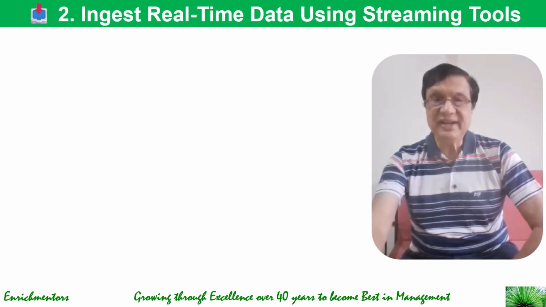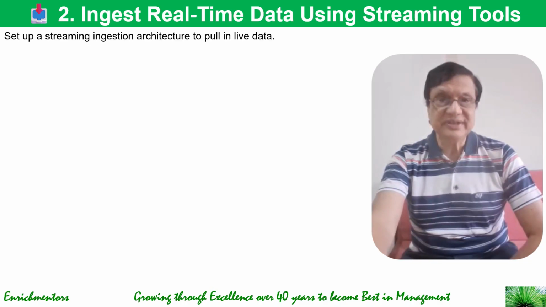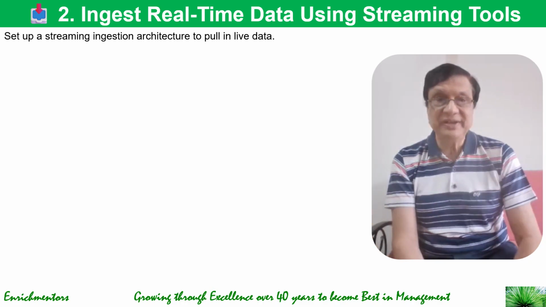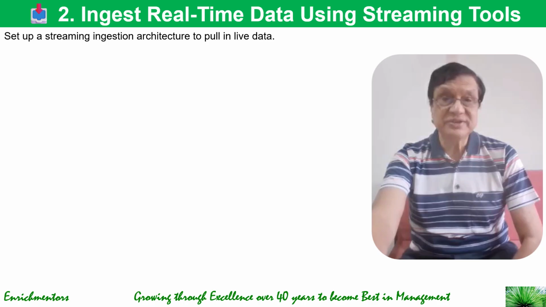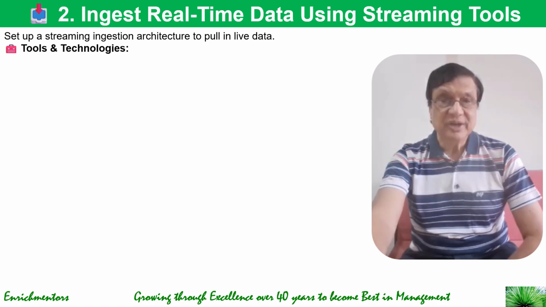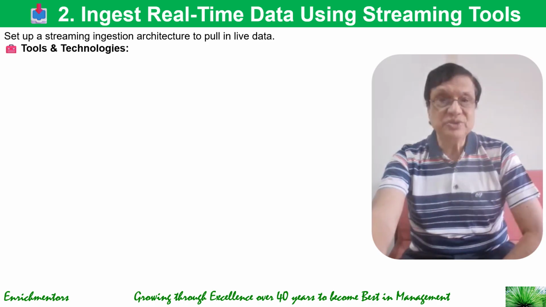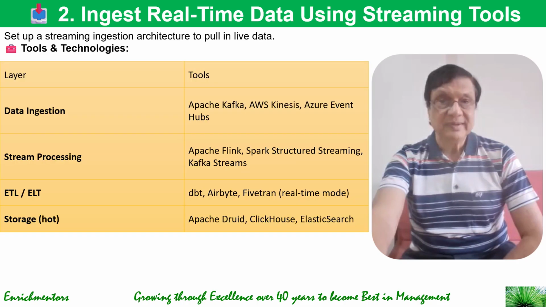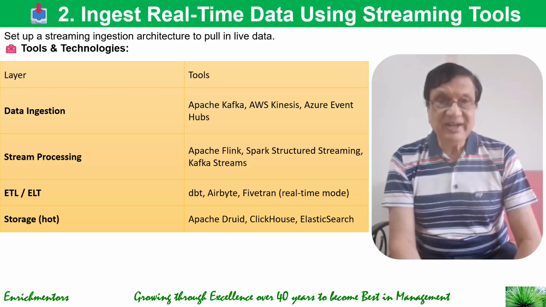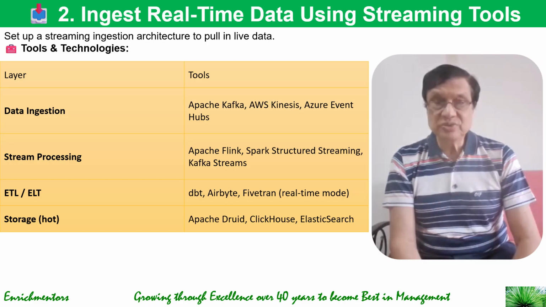Then you ingest real-time data using streaming sources, and that you do by setting up the streaming ingestion architecture to pull in live data. Again, the key words are pull in and live data. And the whole thing is to set up this architecture. Now, what are the tools and technologies that you can use to set up this streaming ingestion architecture? At the data ingestion layer, you could use tools like Apache Kafka, AWS Kinesis, Azure Event Hubs.